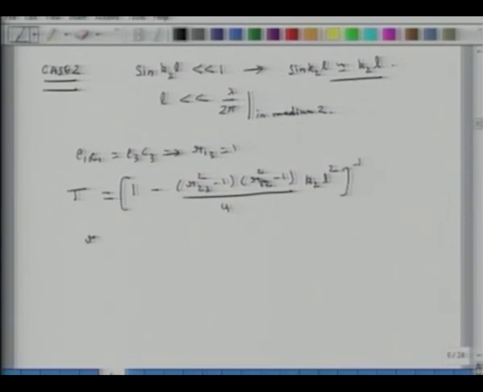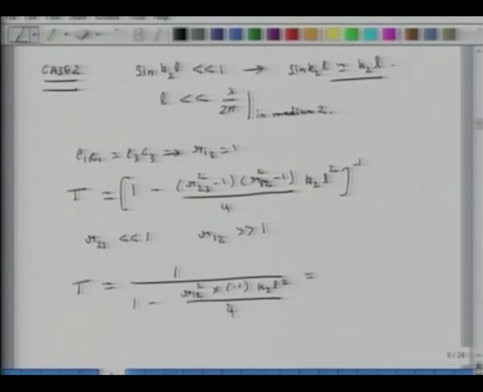Now we know that R21 is very small compared to 1, and for the same reason R12 is very large compared to 1. So my transmission factor is 1 over 1 minus R12 square times minus 1 times K2L square over 4, and this becomes 1 over 1 plus R12 square K2L square over 4.